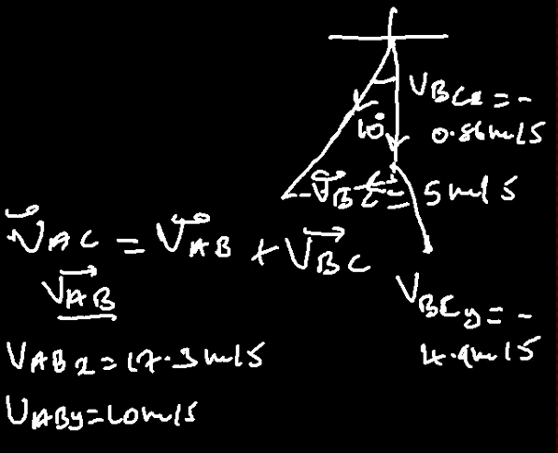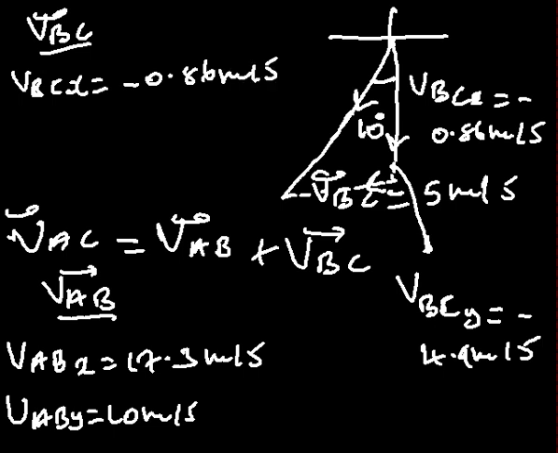Now for this case, what you have to understand is that the vector VBC has components VBCX, given as negative 0.86 meters per second.